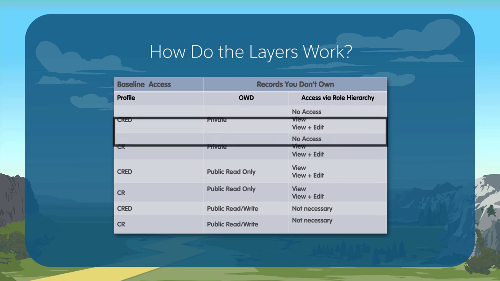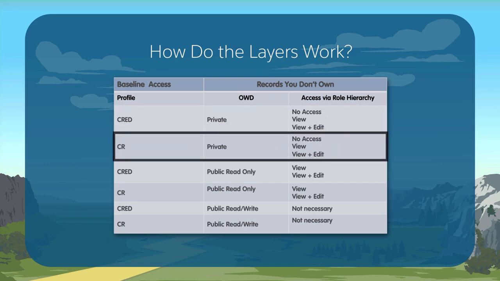If we change Alan's profile to grant only create and read, and leave the org-wide defaults the same, the role hierarchy offers us the same options. However, even if we choose View and Edit, Alan is unable to edit opportunities since his profile does not grant him that permission. Remember, the role hierarchy cannot grant a user more access than they have through their profile permissions.